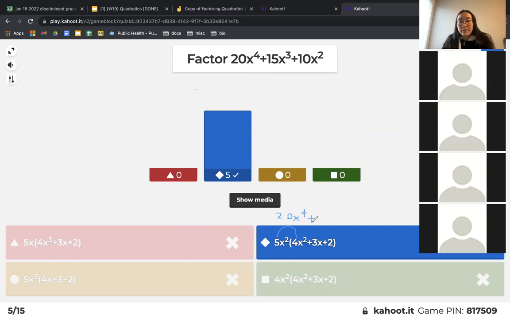Plus 5x squared times 3x, which is 15x cubed, and plus, sorry, 5x squared times 2, which would be 10x squared. And that's the original one. So this would be the correct answer.